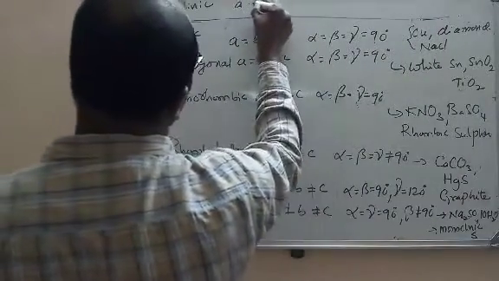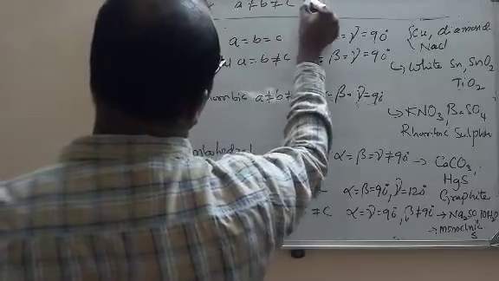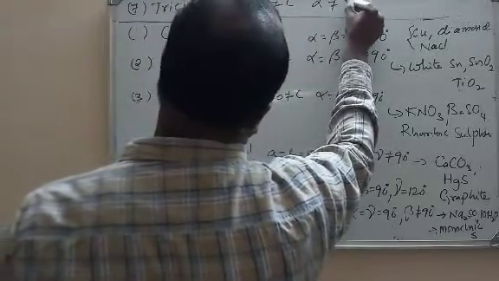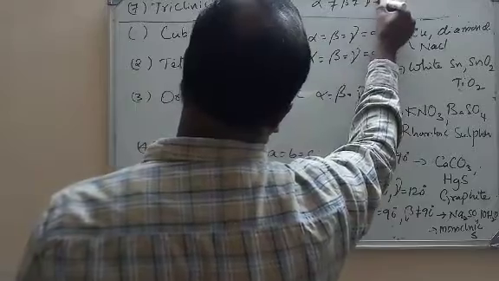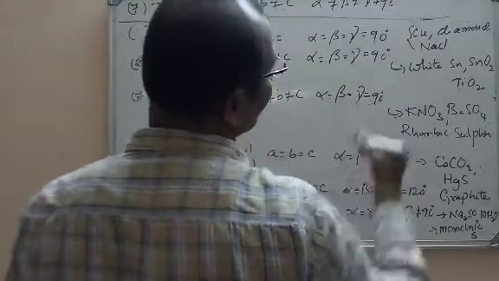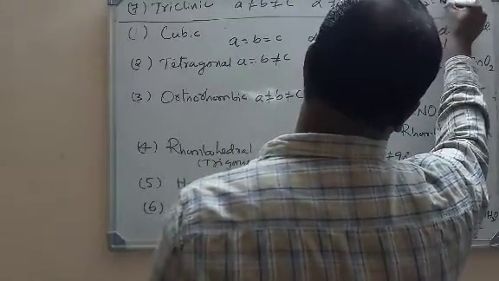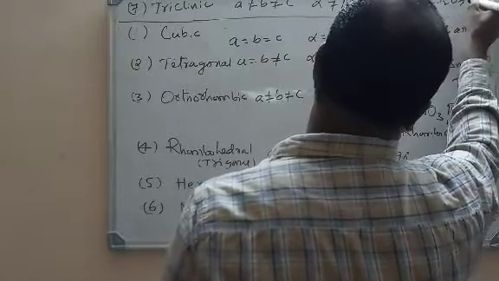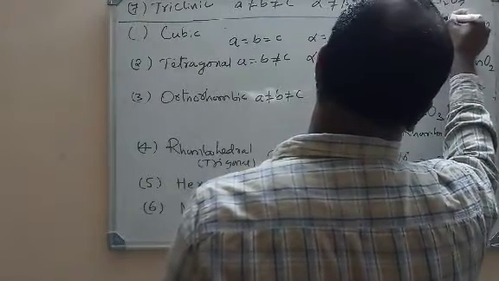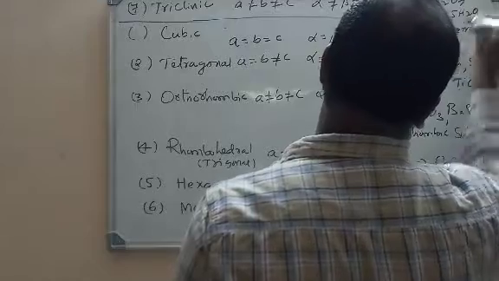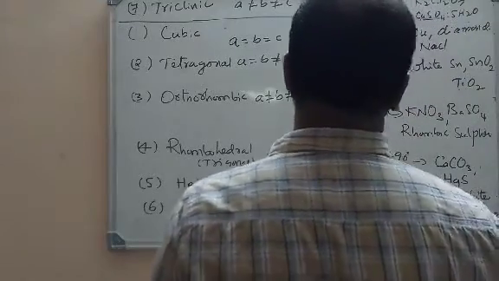Triclinic means A is not equal to B is not equal to C, and also alpha is not equal to beta is not equal to gamma is not equal to 90. Example is K2Cr2O7. Even you can take CuSO4 5H2O, copper sulfate pentahydrate.